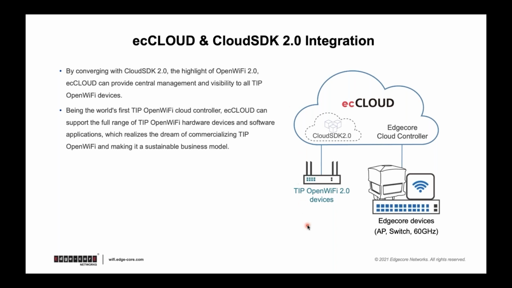From this graph, we can see that the TIP OpenWiFi Cloud SDK is integrated with ecCLOUD as a module, so that ecCLOUD can use the Cloud SDK to manage the OpenWiFi devices, and it can still use its original management protocol to manage the Edgecore products. So customers can select different combinations based on their requirements.